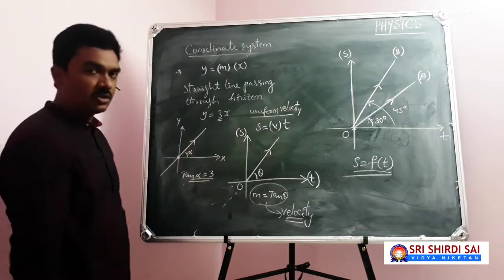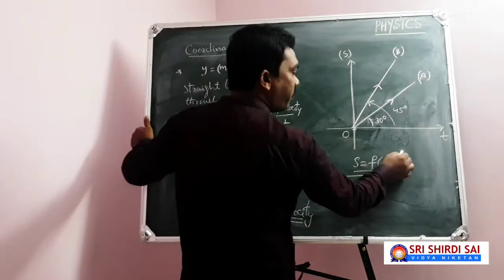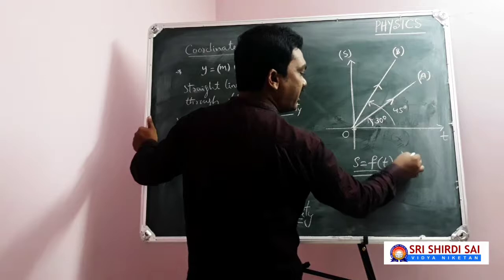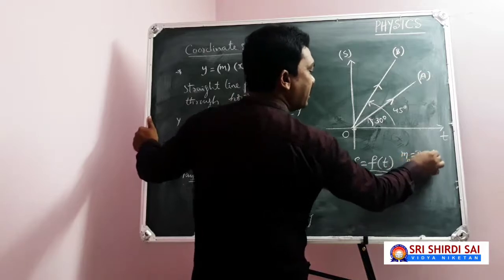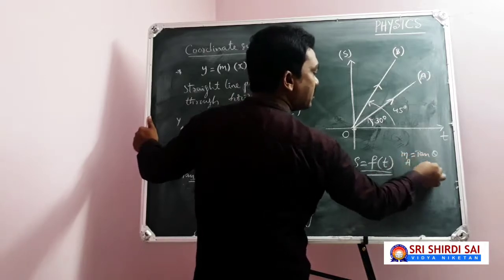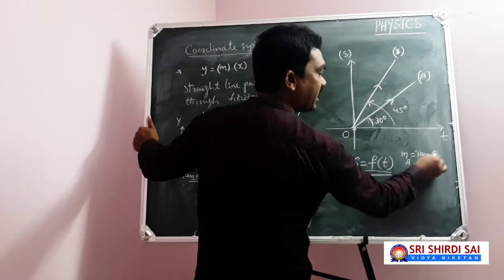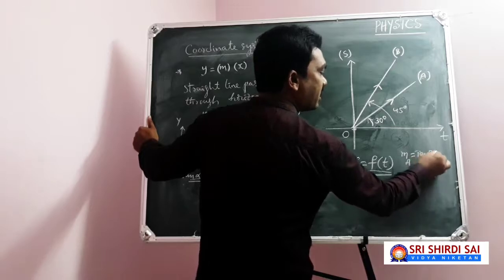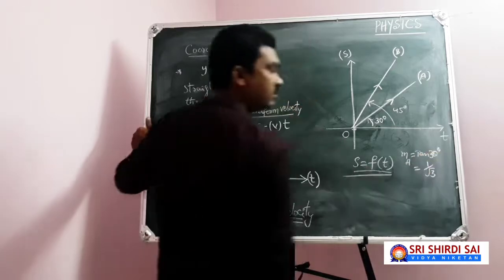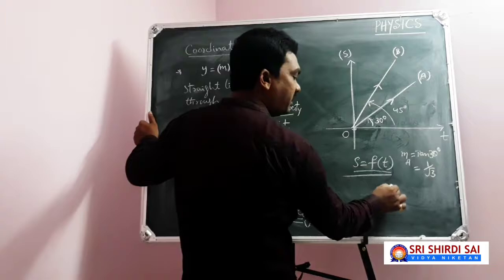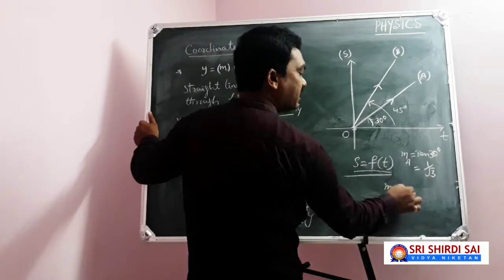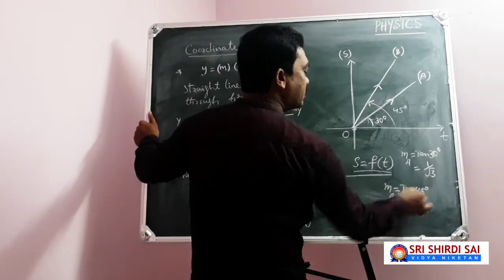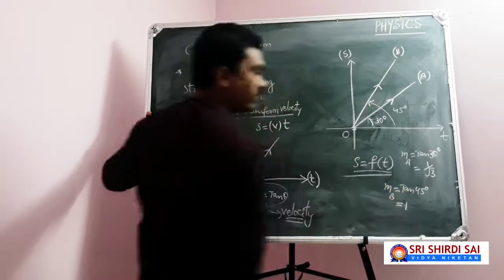Yes, there is a lot to say. The slope of the straight line for A is tan 30 degrees, which is equal to 1 by root 3. Tan 30 degrees, theta is equal to 30, if you want to write here. But in the case of B, the slope is tan 45 degrees, which is equal to 1.